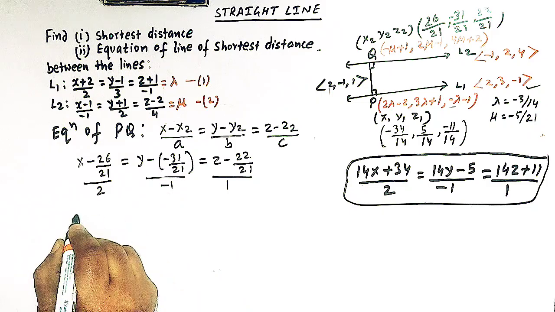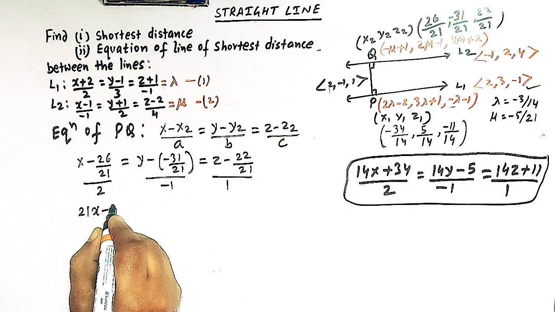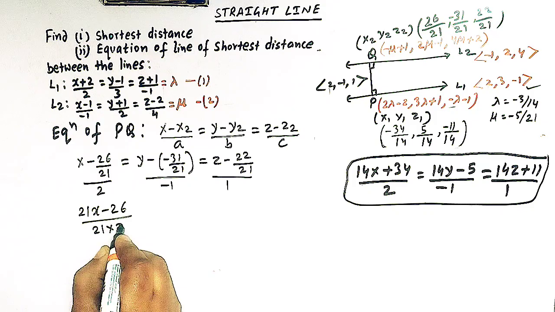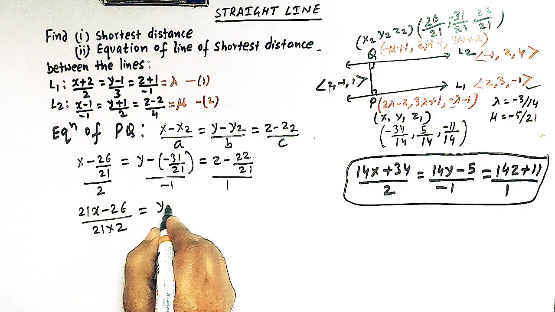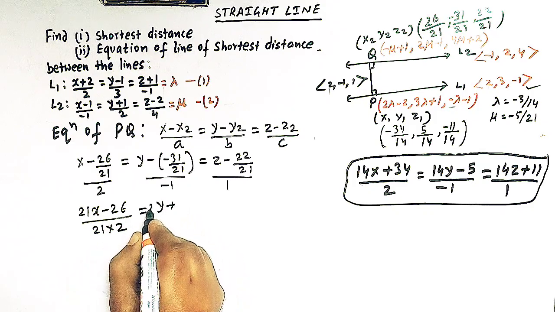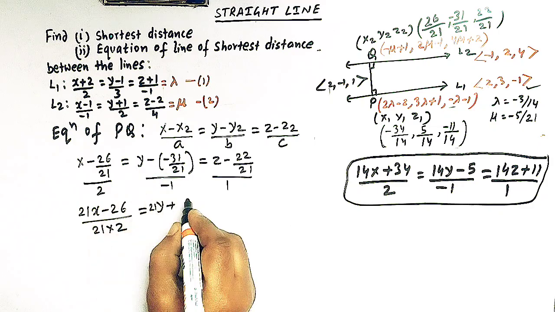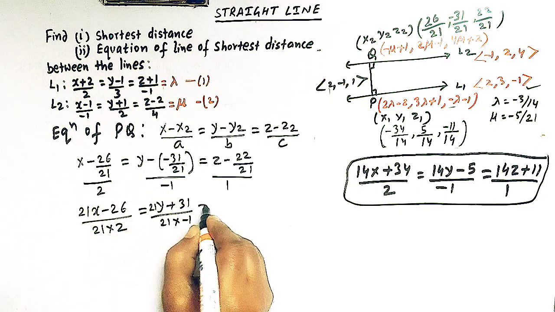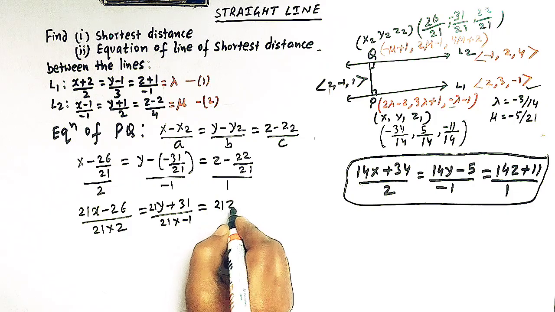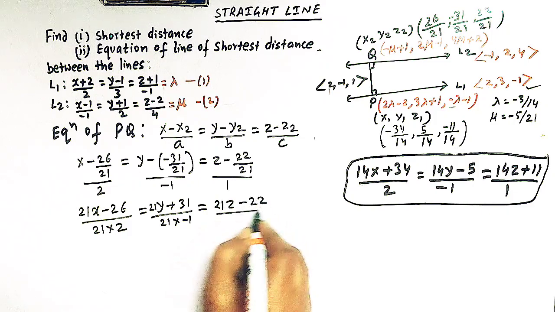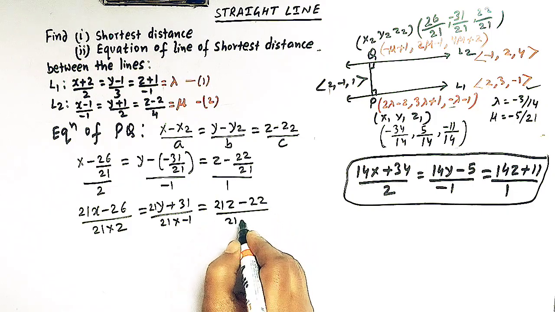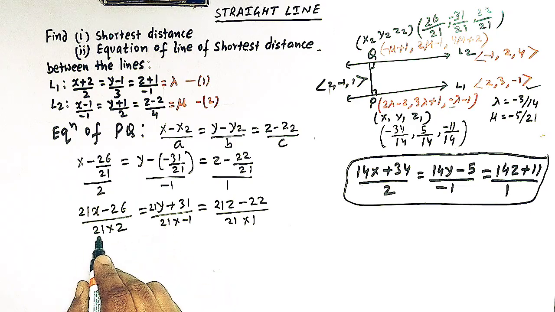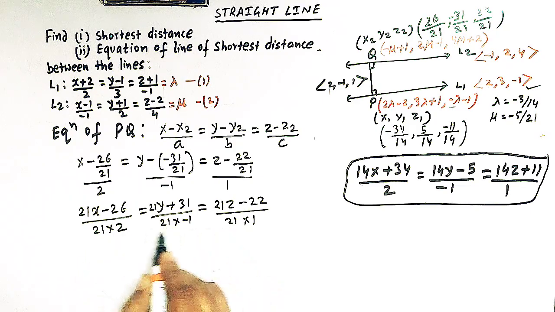So simplifying, we have (21x minus 26)/(21 times 2), then (21y plus 31)/(21 times minus 1), then (21z minus 22)/(21 times 1). So here we can see that 21 is the common factor.